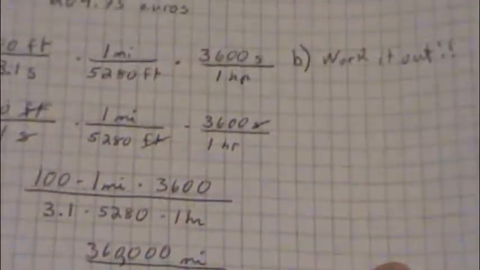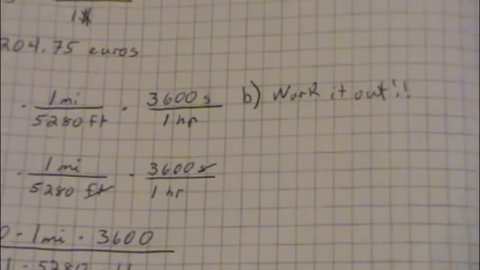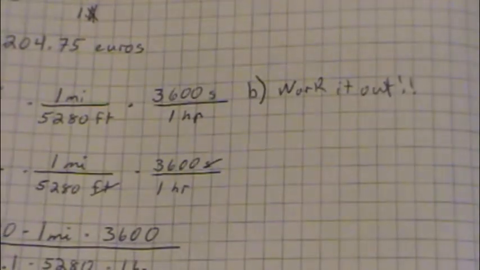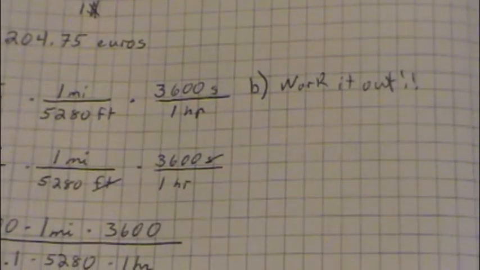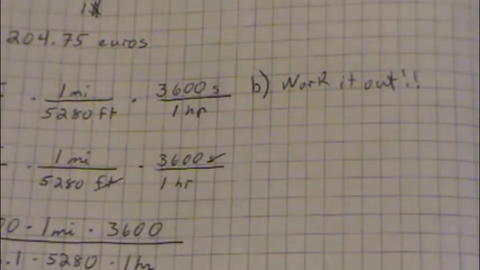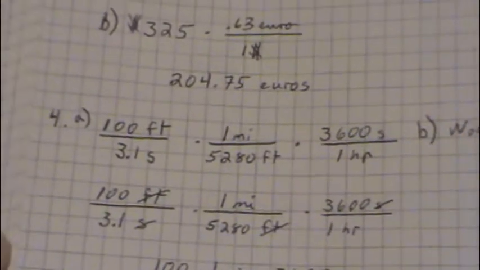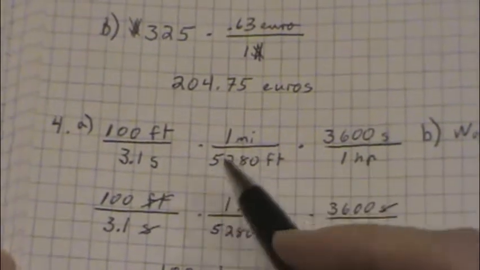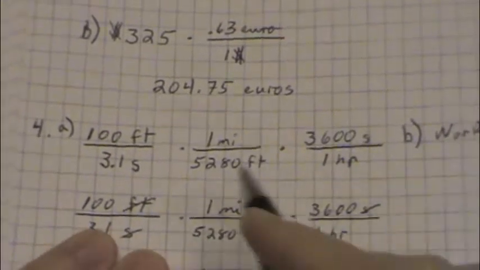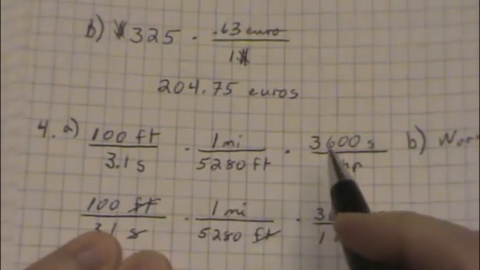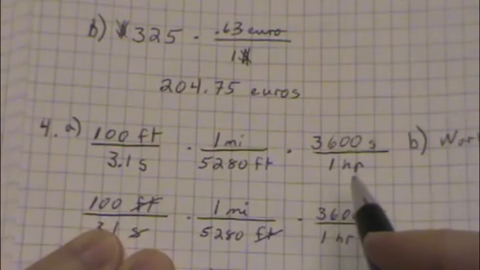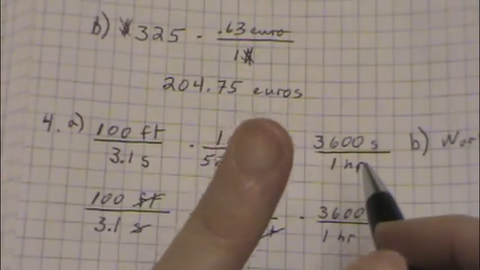Letter B, I'm going to ask you to work out on your own. They ask a really great question. They say, what if in the original problem, they used problem 4 in the book, but it would be the same with this problem too. What happens if instead of multiplying by 3,600 seconds in an hour, you use two conversion factors for this?